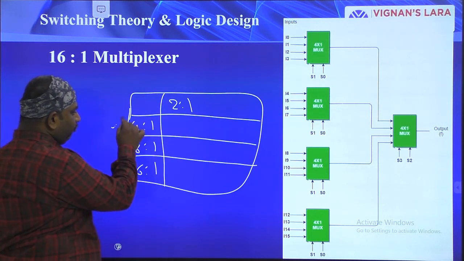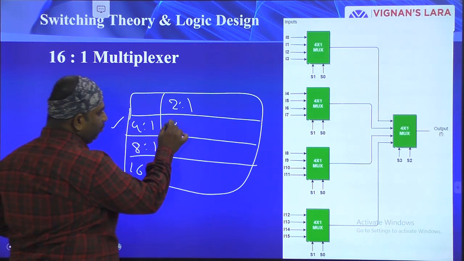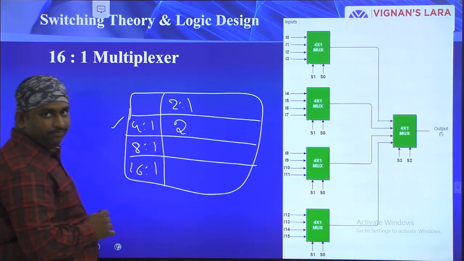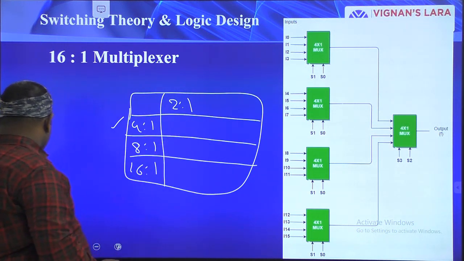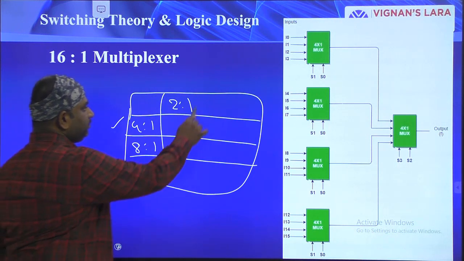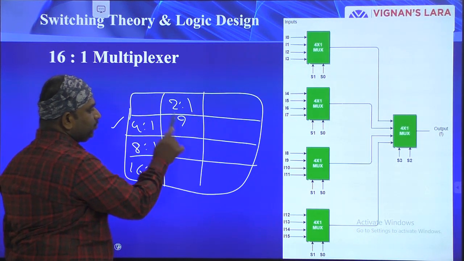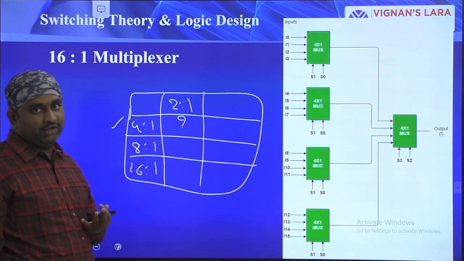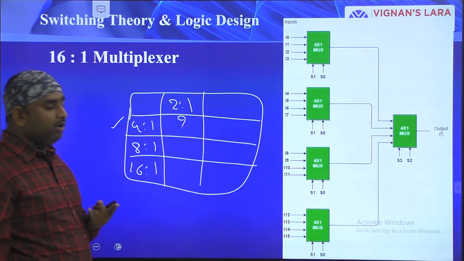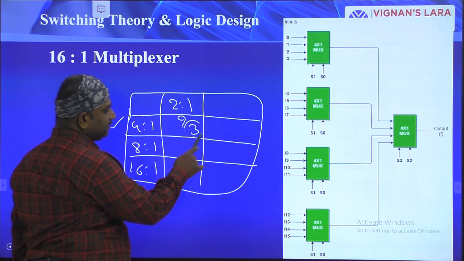For implementing a 4:1 multiplexer, I required 2 or 3, right? Tell me how many multiplexers we have taken here. We have taken 3 multiplexers here.